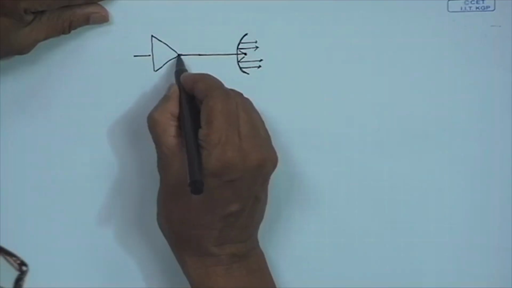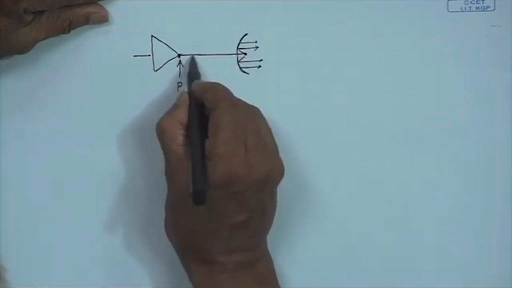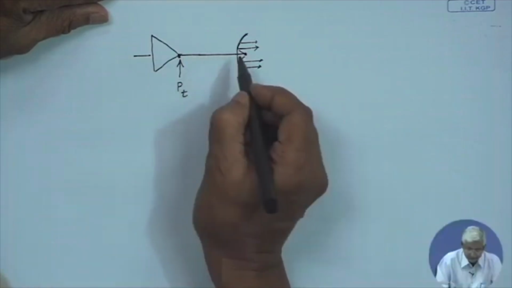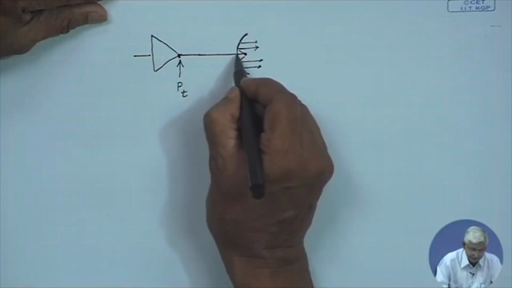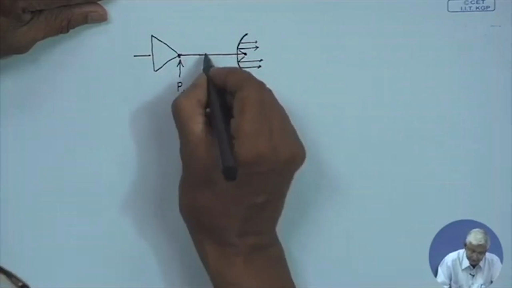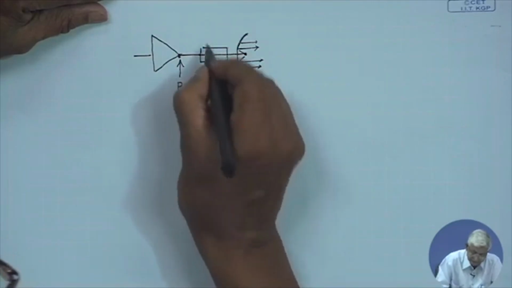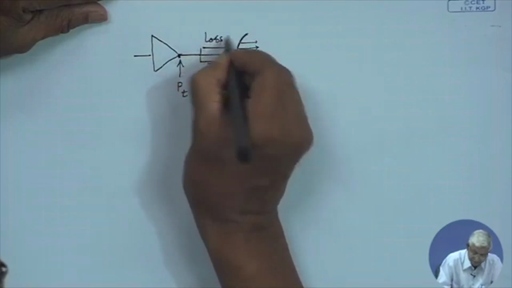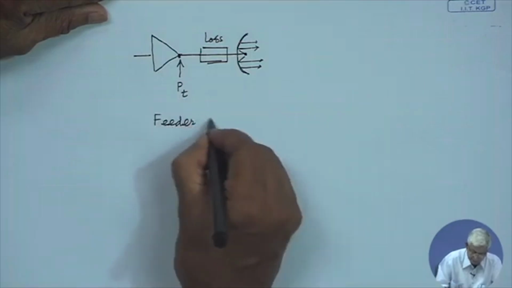Now, from this power amplifier output to this focus point, it will be connected through cable, waveguide, there may be bends, there may be adapters. So, all these things can introduce some loss, and that can be grouped as a loss called feeder loss.